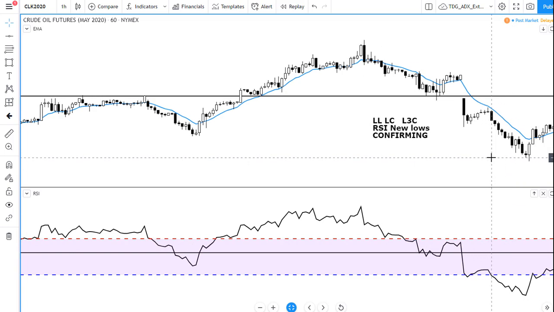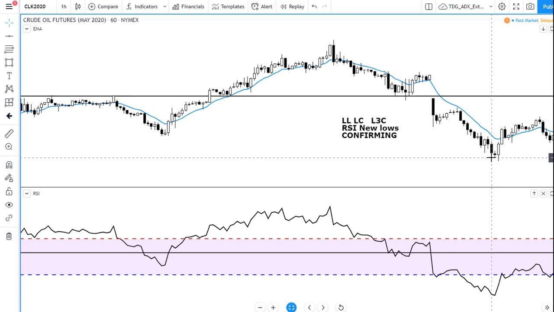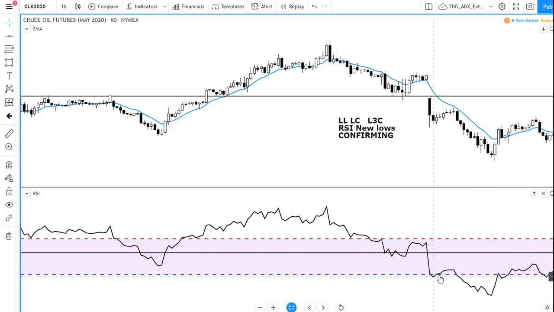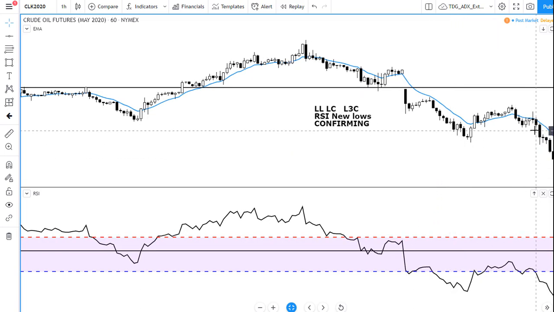Now, I want to show you what happens as we continue to move forward. Again, I want you to note, not only do we break below, close below 44, but for the duration of this trade, we press here, we make lower lows, lower closes. You'll see right there, relative strength again breaks below 44.